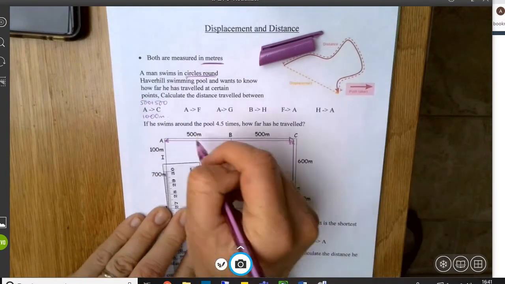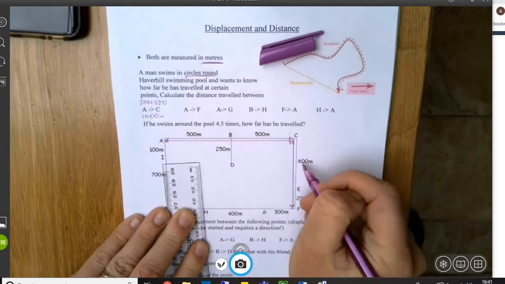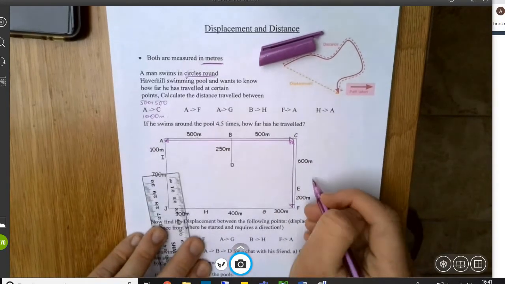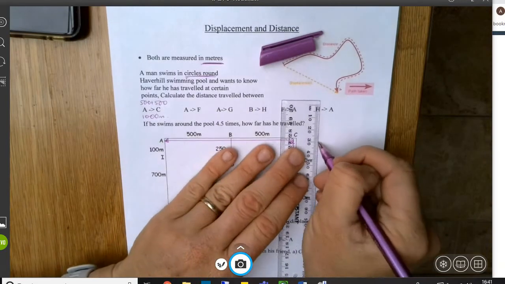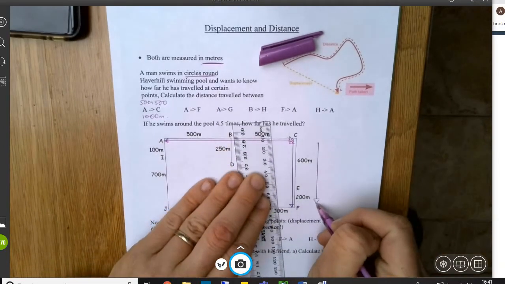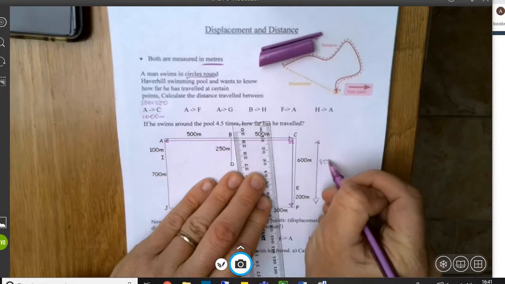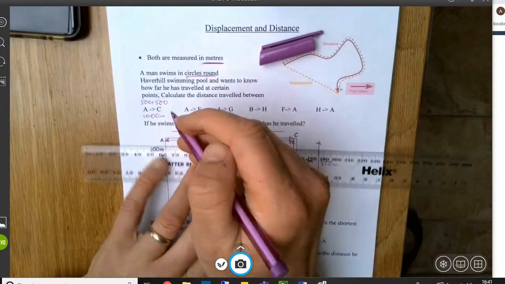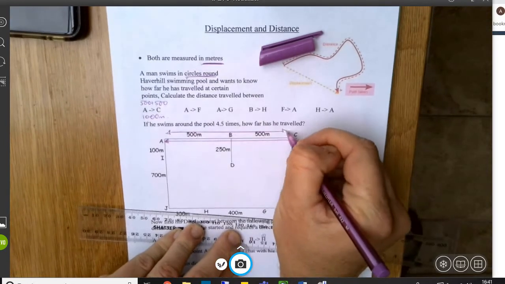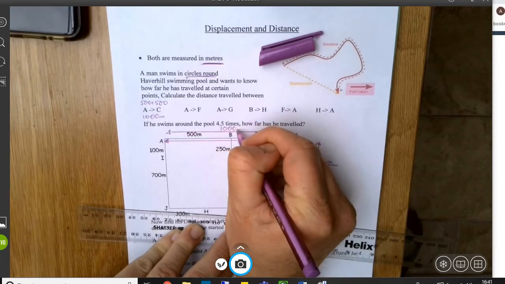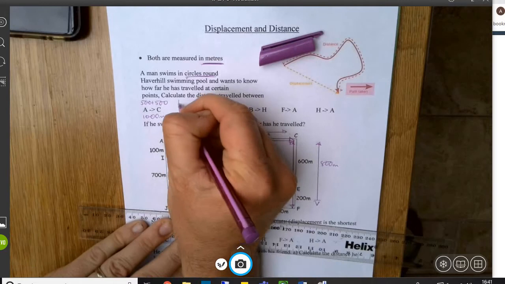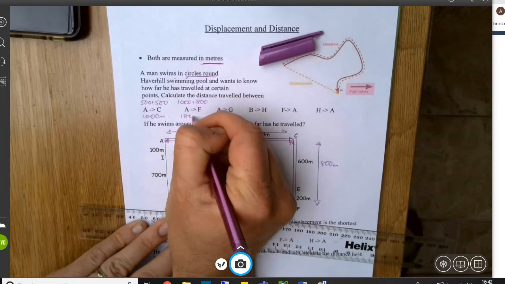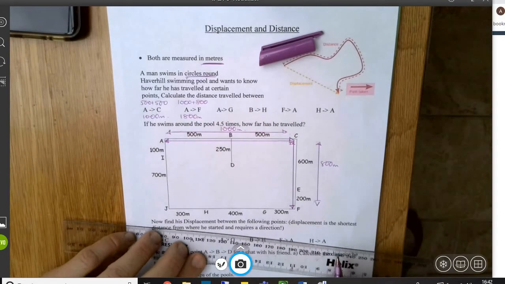We've already said that this distance here is 1,000 meters, and we can see that this distance here is 600 plus 200, giving us a total of 800 meters. I'm just going to add this to the diagram, because we are going to need that reference. 1,000 plus 800 gives us a total of 1,800 meters.